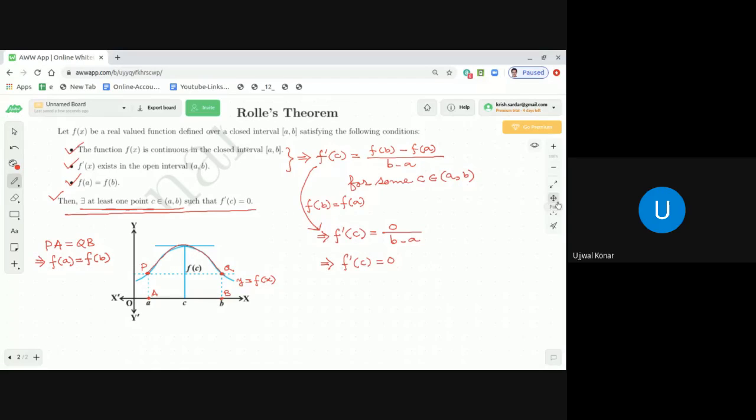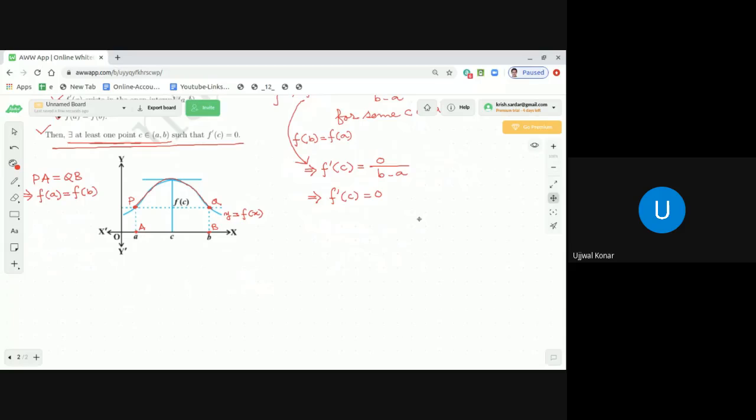And how it is? Let me show you by means of a graph so that it will be more helpful to you to understand. So look into this particular graphical representation, dear students.